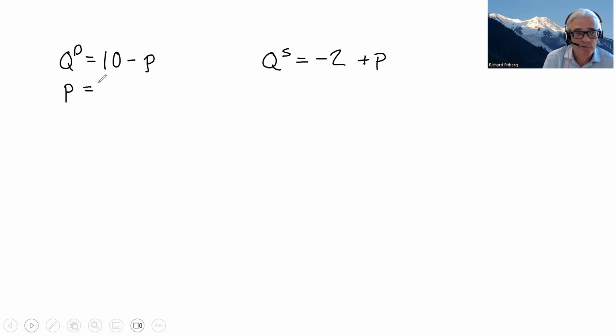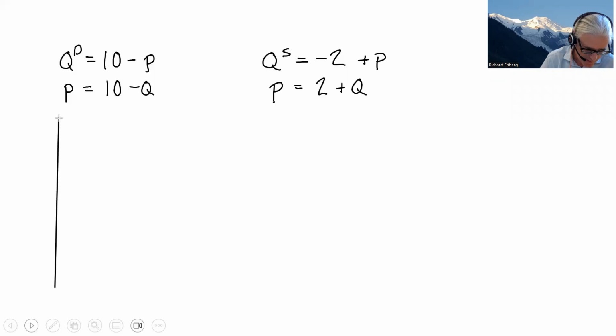So we solve for P. So P equals 10 minus Q. Instead of having quantity as a function of price, we draw price as a function of quantity. So two ways of saying the same thing. And similarly, for the supply, we solve for price there as well. So the supply function is given by 2 plus quantity. Okay.